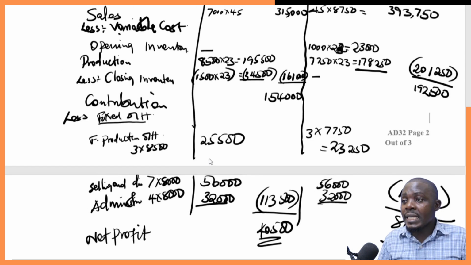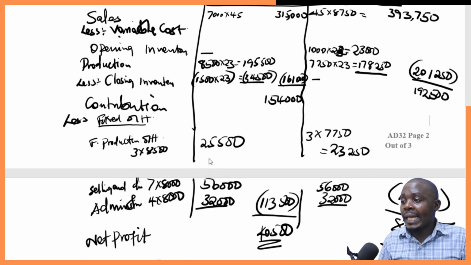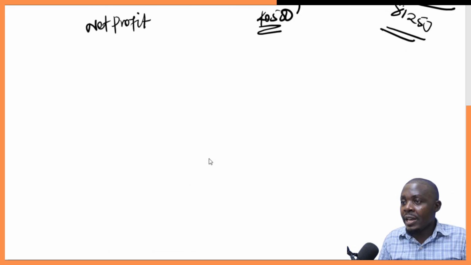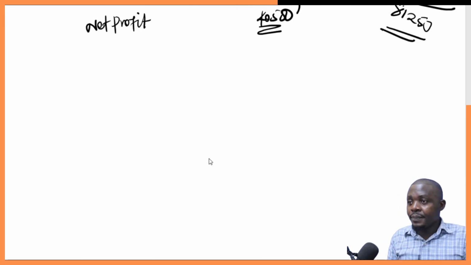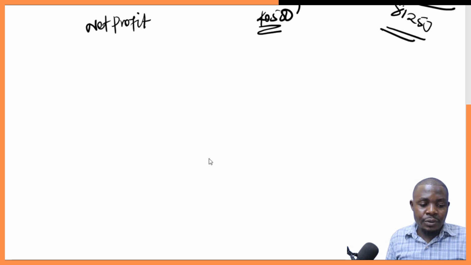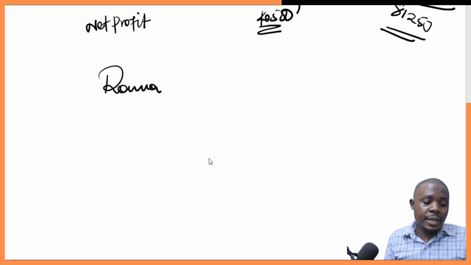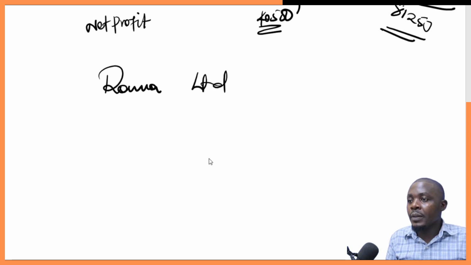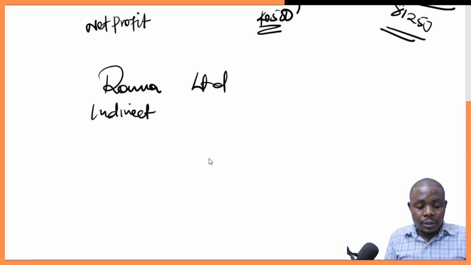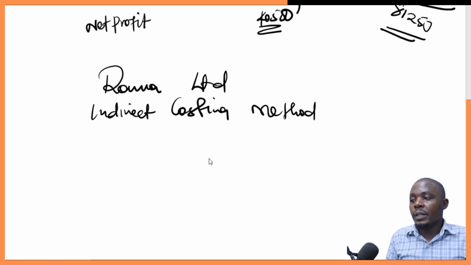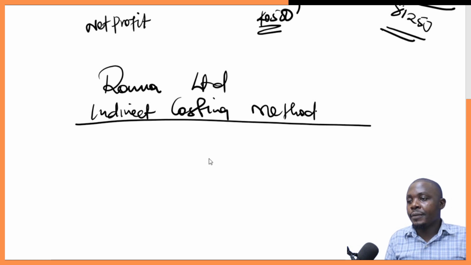Now let's do the same calculation, but using the indirect method. We have the books of Rama Limited. We have the indirect costing method.